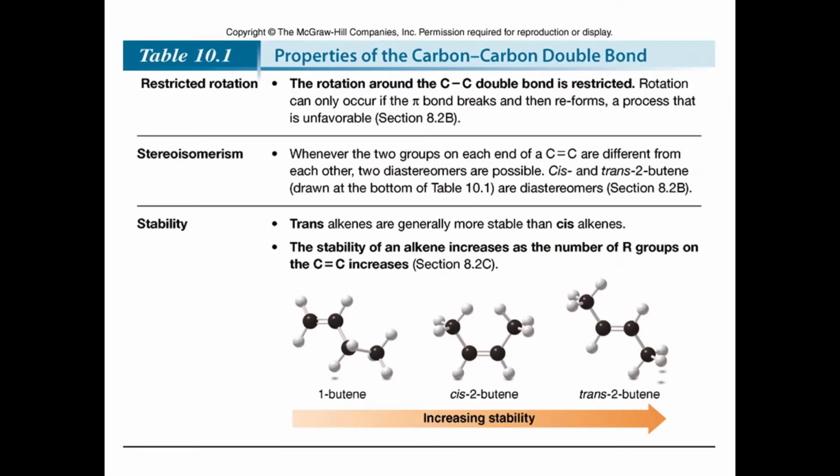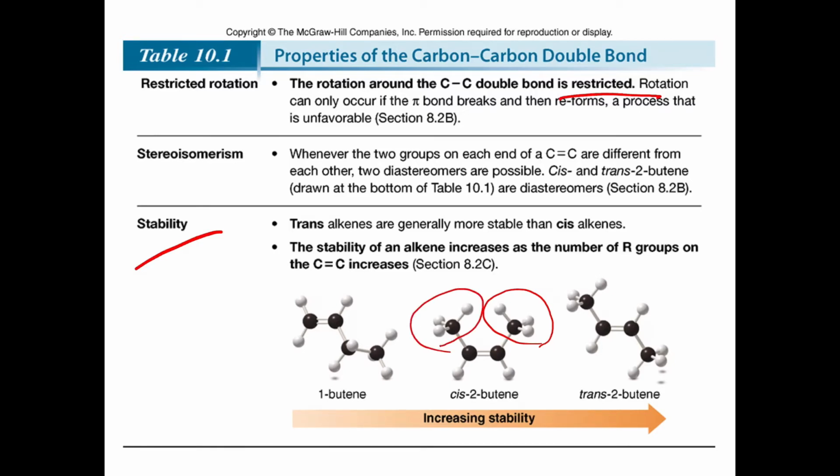The properties of the carbon-carbon double bond. Firstly, there is no rotation around the double bond. Secondly, there are several stereoisomerisms like cis and trans. Thirdly, the stability of the trans is higher. Why? I have a big group here and I have another big group here.